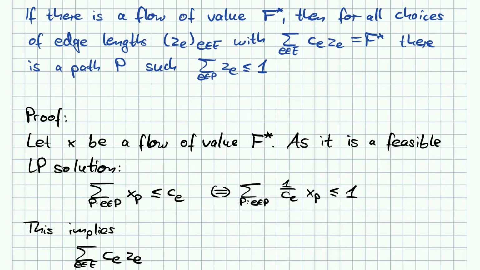Take the sum over all edges of c times z, and now multiply this with what we have here. Then, how big will this be? Well, we know that this here is exactly f star. This here for every e is no more than 1. So we have that this is at most f star.